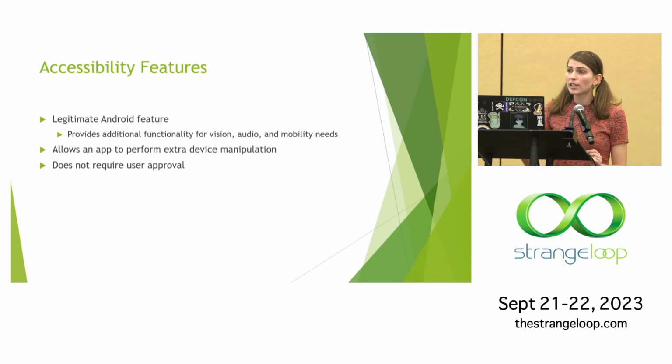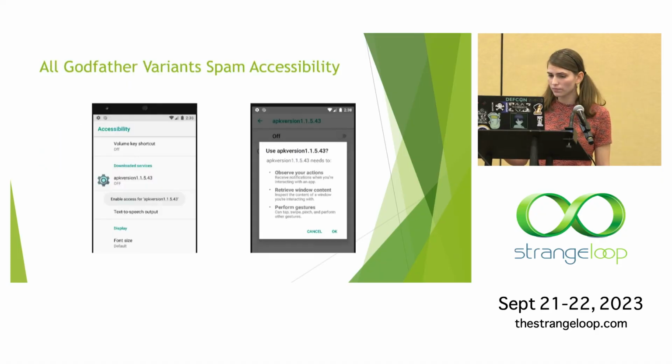This allows the application to perform extra manipulation of the device, so it can click on your behalf and a ton of different capabilities like that, or it can also parse the content of the page. And it only needs this initial user permission. Once you've given it that permission, though, it doesn't need to ask your permission anymore. It's just able to do this all on your behalf.